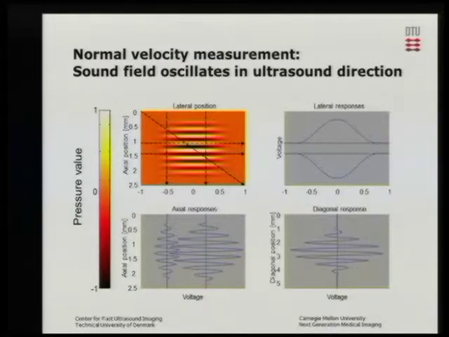So let me give a little bit of background on what we're measuring today. The orange-yellow thing is the ultrasound field. If we go right down, we see an oscillation. We have a response when the scatterer crosses the field going downwards, a sinusoidal oscillation, which we can detect.